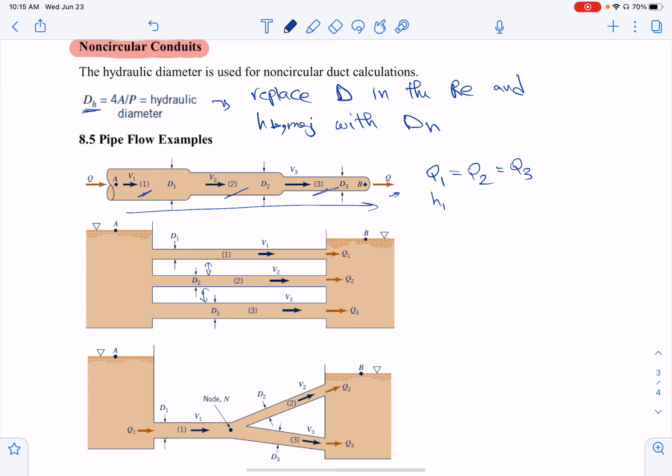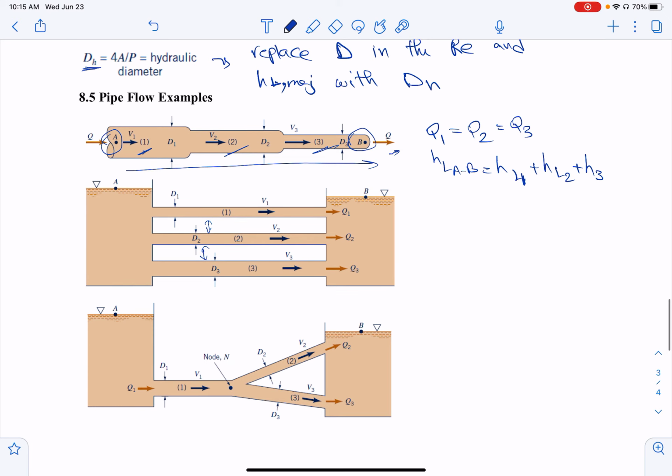And the head loss from A to B, from here to here, is going to be the sum of all of the losses that we have, right? And for this one, we have a flow coming here and then it divides into 3 sections, right?